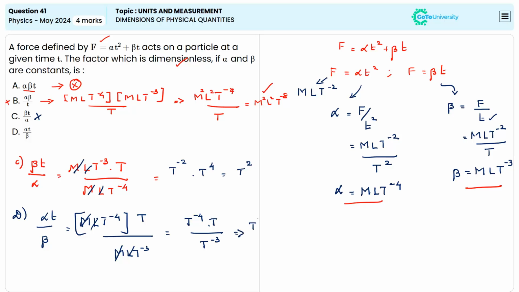Again, we are having similar terms, because the upper term will be equal to T power negative 3 divided by T power negative 3 in the bottom, which will cancel each other. So it will give a value of 1. It's known that numbers will not have a dimension. So the dimensionless quantity here is option D.